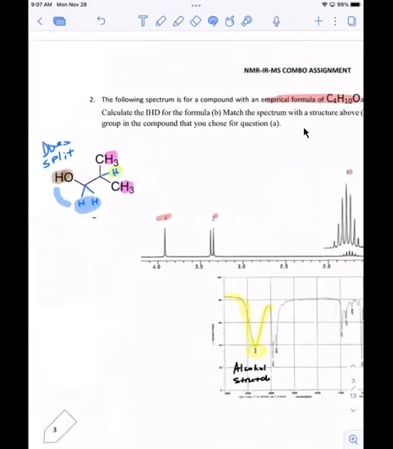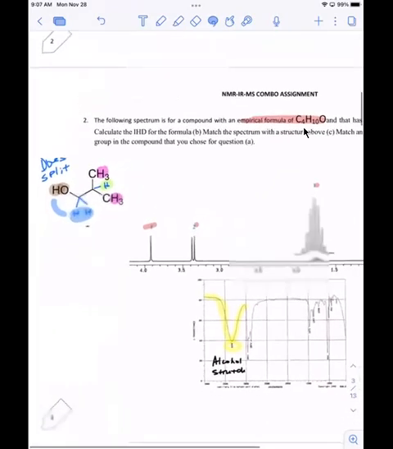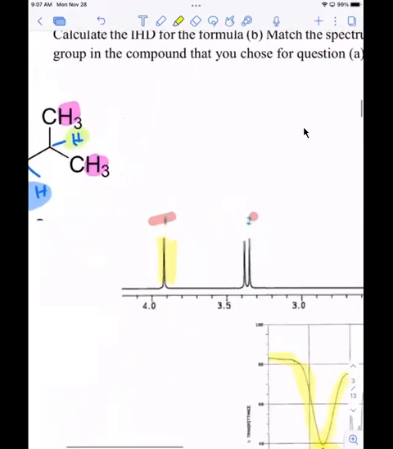All right, so if we have an OH present and it does show up, it's typically going to show up here, somewhere around 3.8 to 4.2, somewhere in there. So we're going to go ahead and label this as the OH proton.